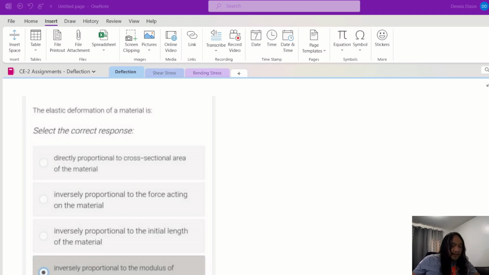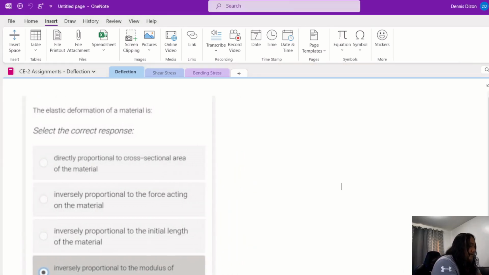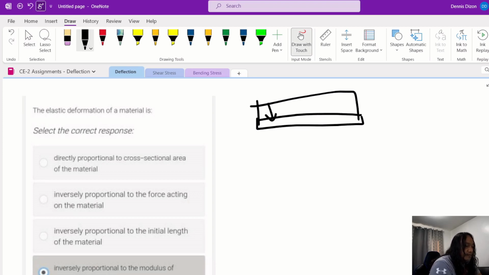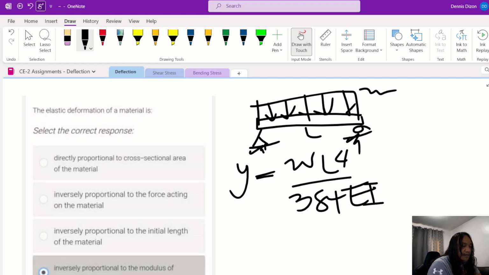So we have to remember that the elastic deformation or the deflection, say for example, if it is a uniform load, say a simply supported beam, so your maximum deflection is equal to, if this is W and this is L, WL to the fourth over 384 EI.